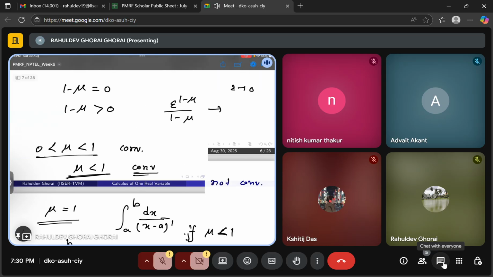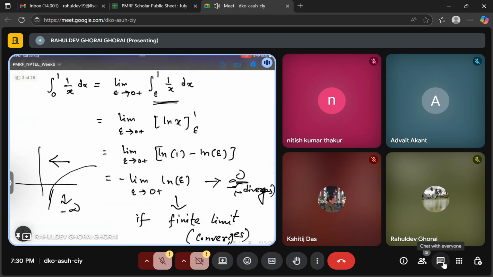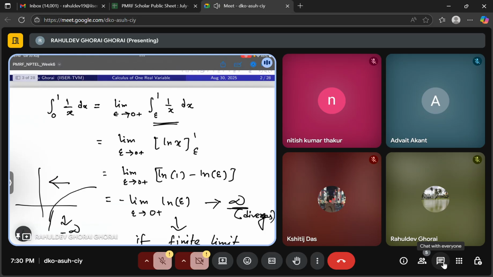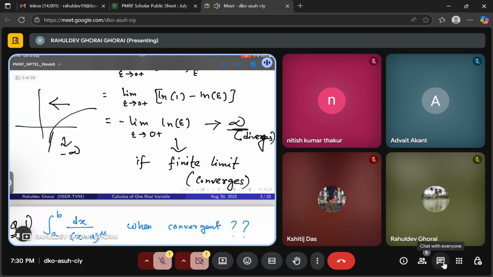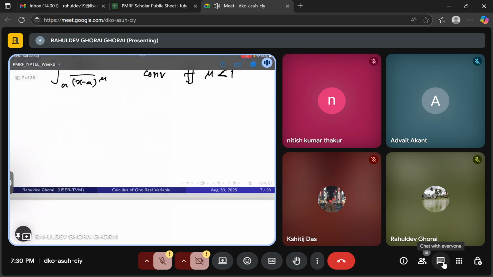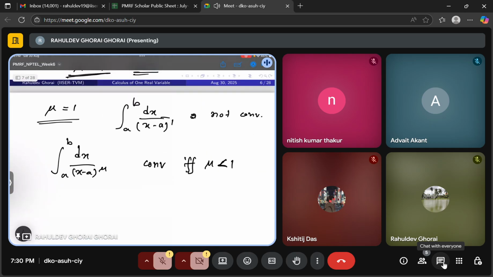It will not be convergent, because we have seen, with a similar idea, the integral from 0 to 1 of 1 by x dx diverges. It is the same thing, 1 over (x minus a) to the power 1, so it will not be convergent. So the integral of dx over (x minus a) to the power mu converges if and only if mu is strictly less than 1.